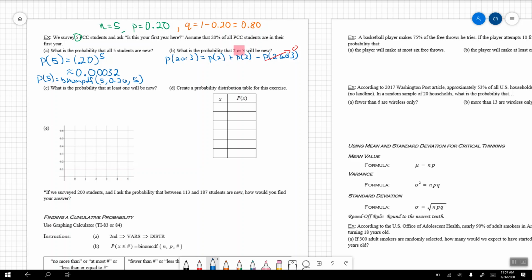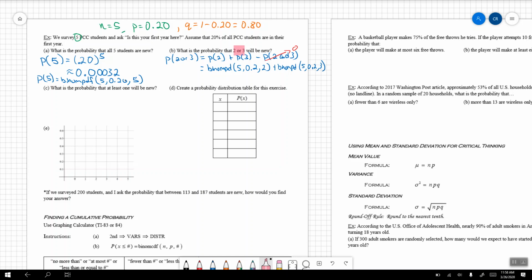So, here we go. Let's do this using probabilities. We're going to do the binomial PDF. N was 5, P was 0.2, X is 2 for the first part, plus the same process again, binomial PDF, and this time 5, 0.2, comma 3.